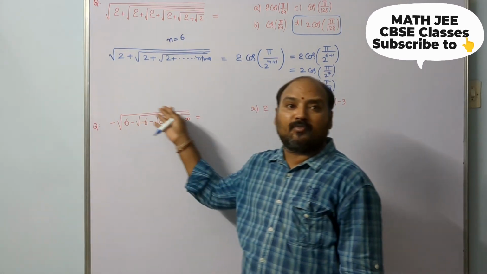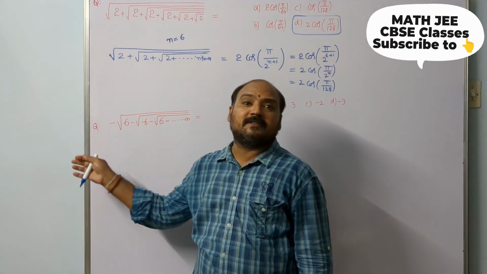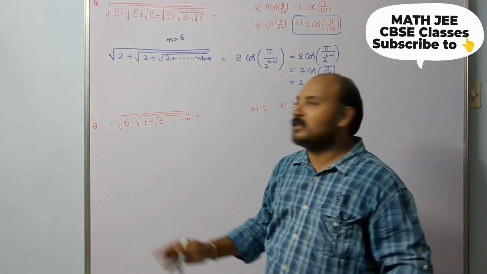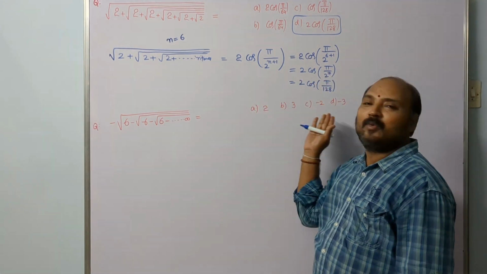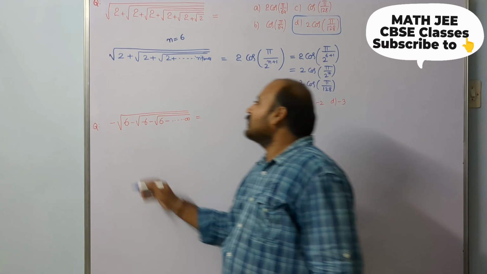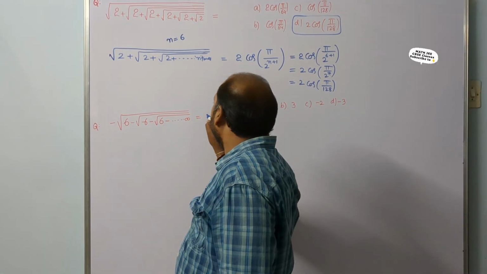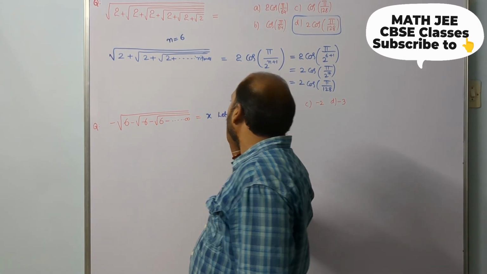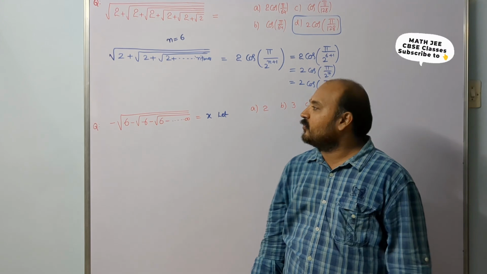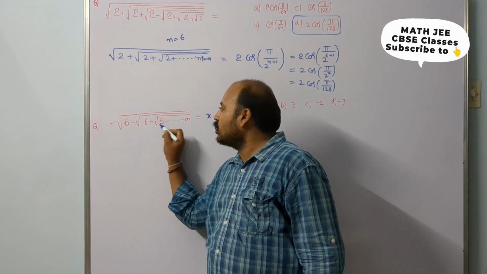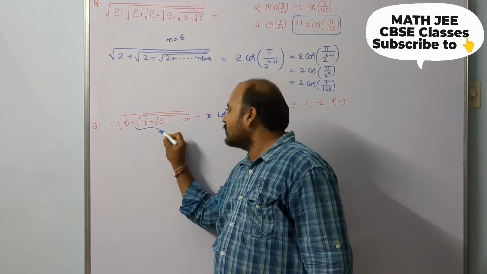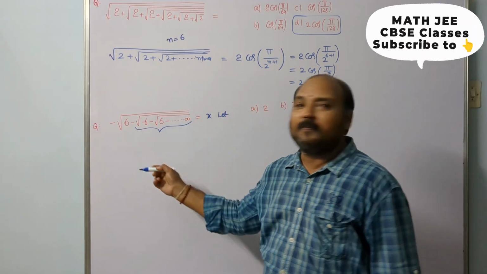Minus square root, before the root there is a minus, so you can remember that before the square root minus is there, so the answer also we have to get as minus. So I am taking this as x. We are assuming that this value will be x. So similarly, minus root 6 minus root 6 minus root 6, this also equals x only now.